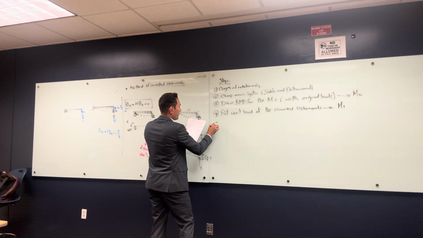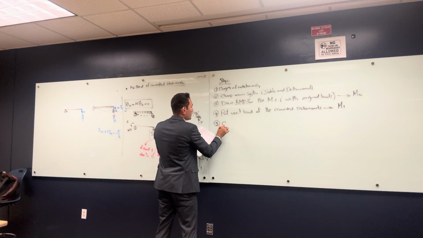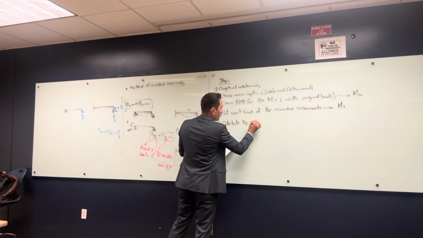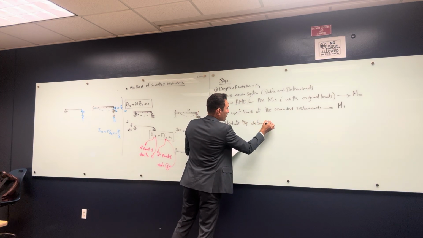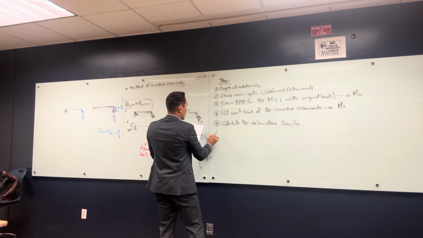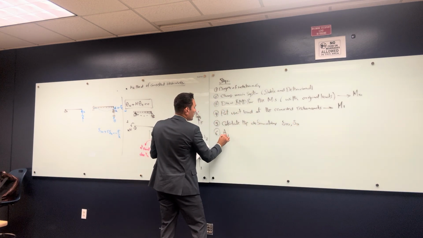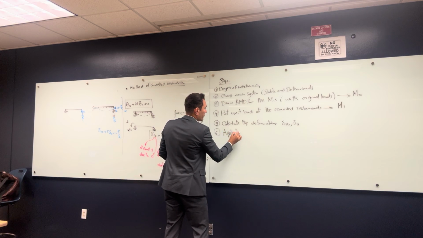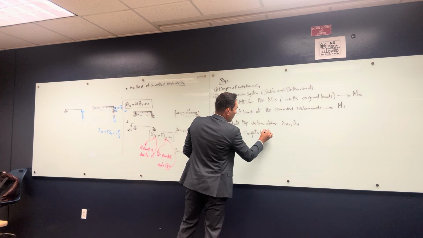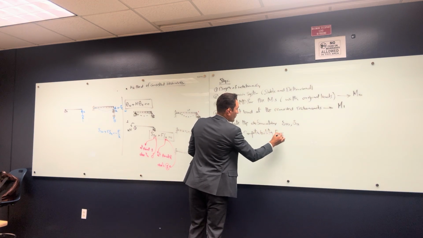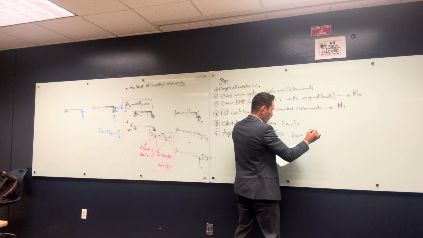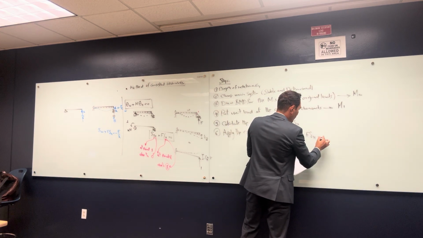Number five, calculate the deformations, delta 1O and delta 11. Number six, apply the compatibility equation, which is delta 1O plus F delta 11 is equal to 0, or delta depends on your problem.